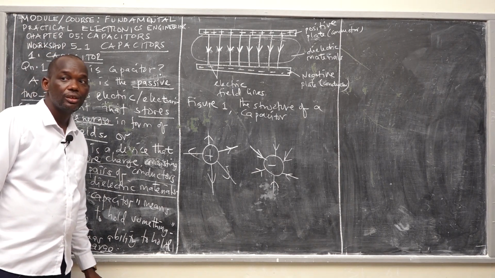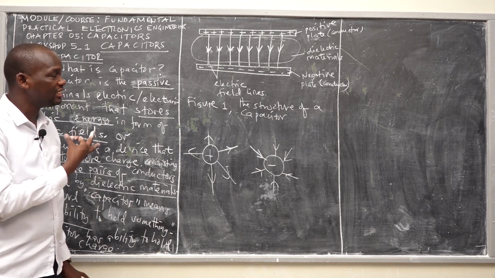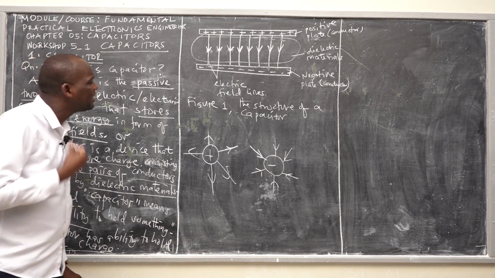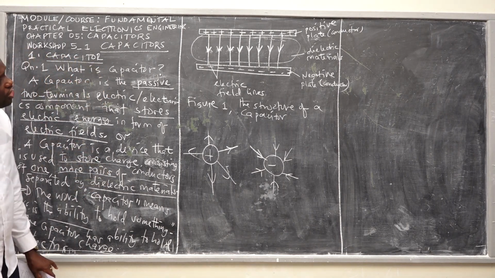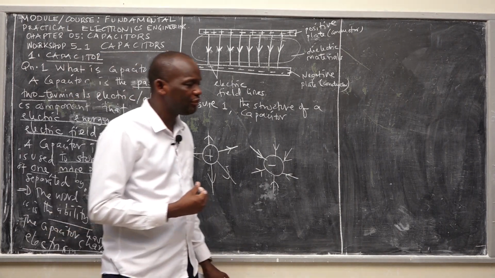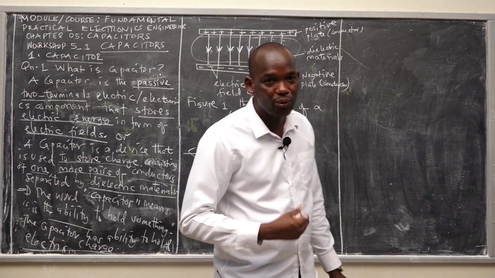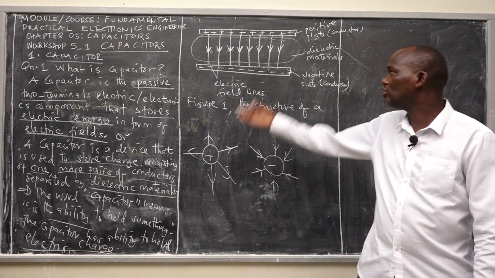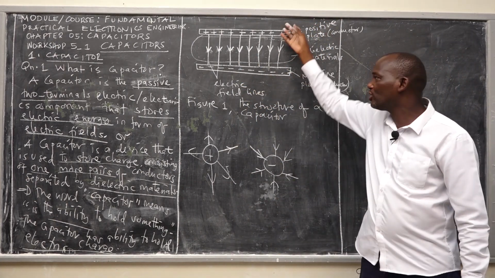Are we together? Remember that this is polarized. In this workshop, you will understand the theory behind what you've been taught in O level and A level advanced physics. We have been teaching about the electrolytic capacitor. We used to draw the positive plates and negative plates, so this is a polarized capacitor, because there's polarity.